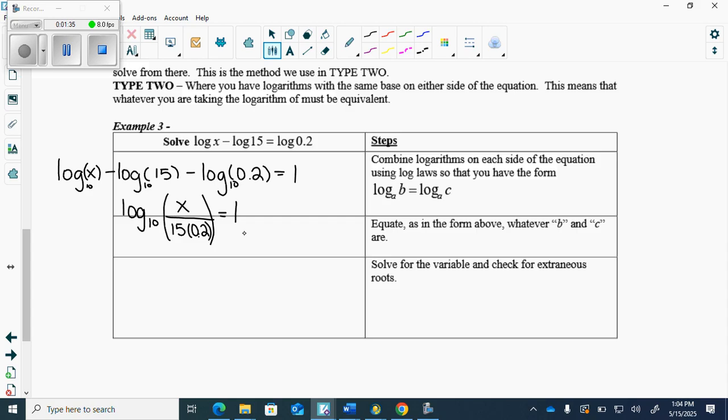Okay, what's 15 times 0.2? So we get log base 10 of x over 3 equals 1. Then what do I do?